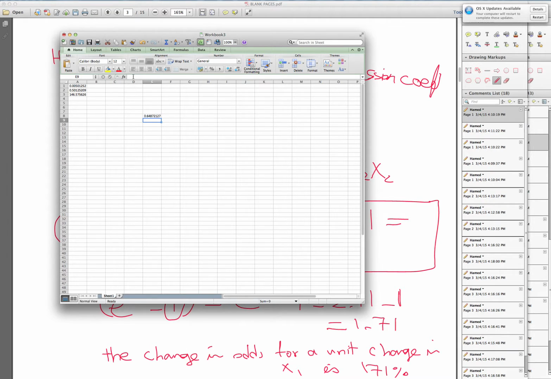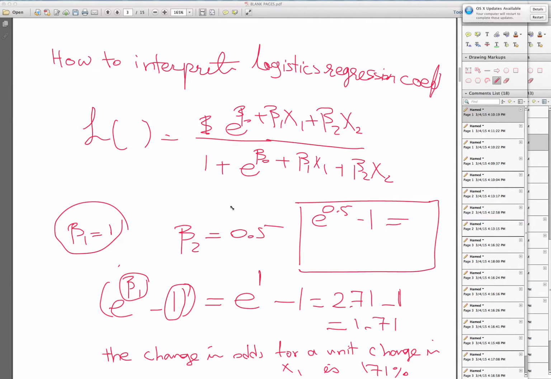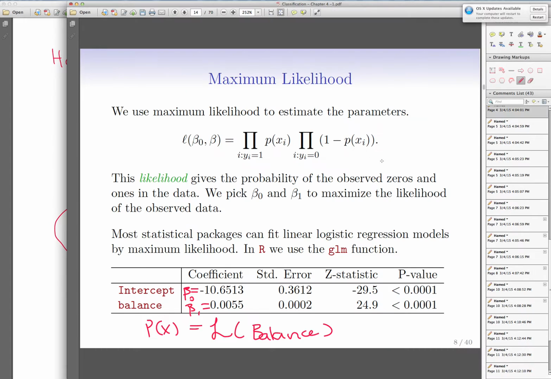Exponential of that is negative 0.64. So that means a unit change in x2 will change odds by 64%.